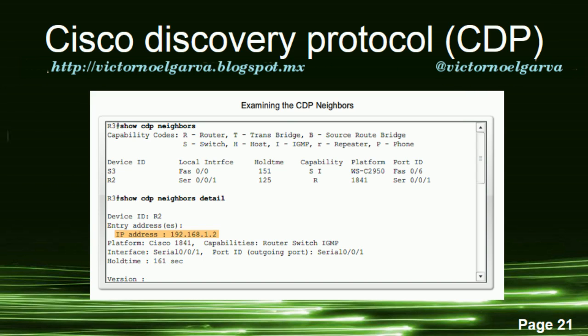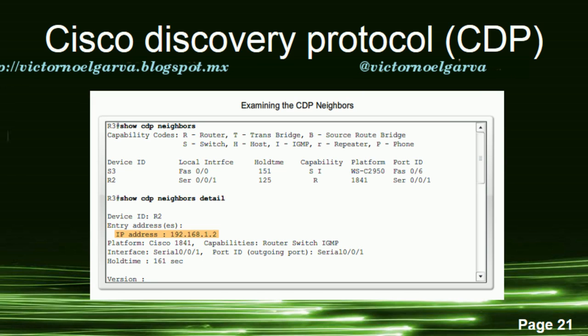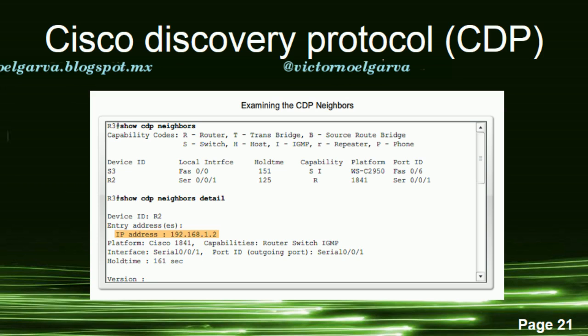When a Cisco device boots up, CDP starts up by default. CDP automatically discovers neighboring Cisco devices running CDP, regardless of which protocol or suites are running. CDP exchanges hardware and software device information with its directly connected CDP neighbors.